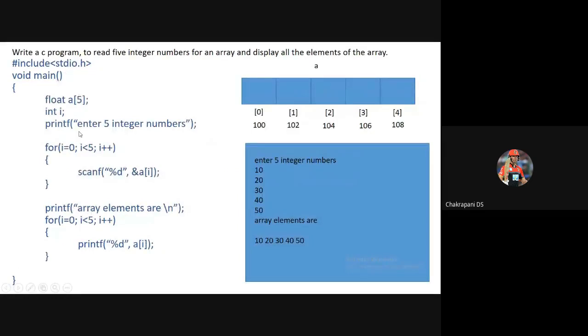Enter 5 integer numbers. We are asking the user to enter 5 integer numbers. After the user enters them, because we have already created the array, floating point array. Okay, again there is a mistake here. It's not a floating point array.